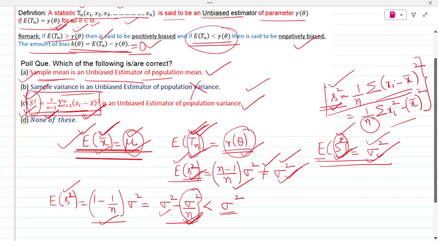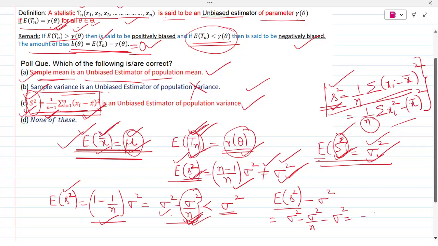And what is this amount, sigma square by n? This sigma square by n is actually the bias. Why? Because expected value of S square minus sigma square is sigma square minus sigma square by n minus sigma square.